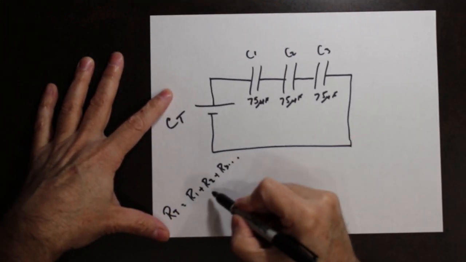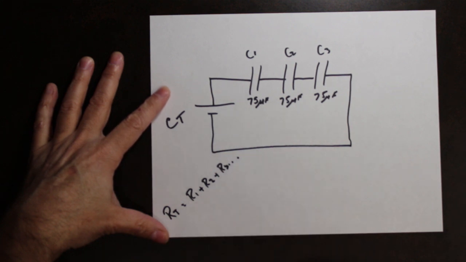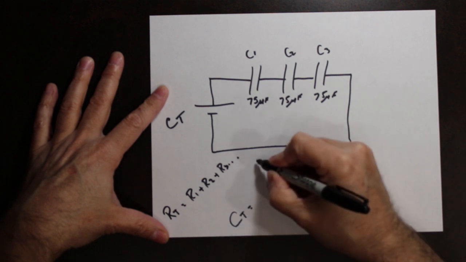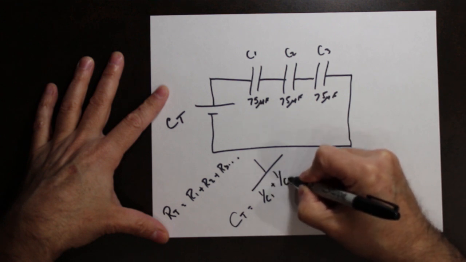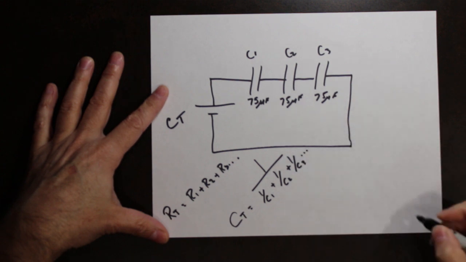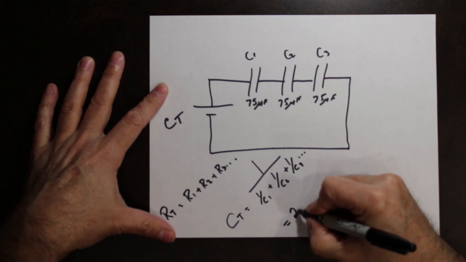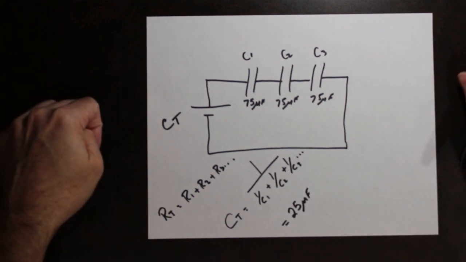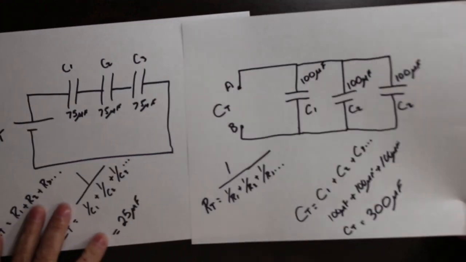So if this is resistors in series, the capacitor in series is going to be 1 over C1 plus 1 over C2 plus 1 over C3, etc. If you do the math, this works out to 25 microfarads as the total capacitance of this circuit.